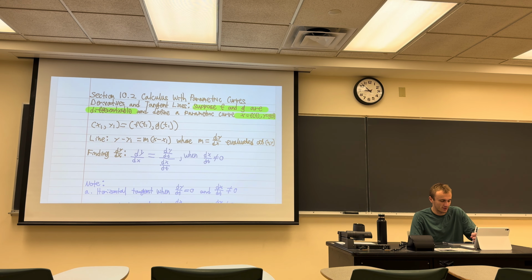First, derivatives and tangent lines. Suppose that f and g are differentiable, and then define a parametric curve, x equals f of t, y equals g of t, just like last time. If we have point (x1, y1), we'll correspondingly have f of t1 and g of t1 for our parametric curves.